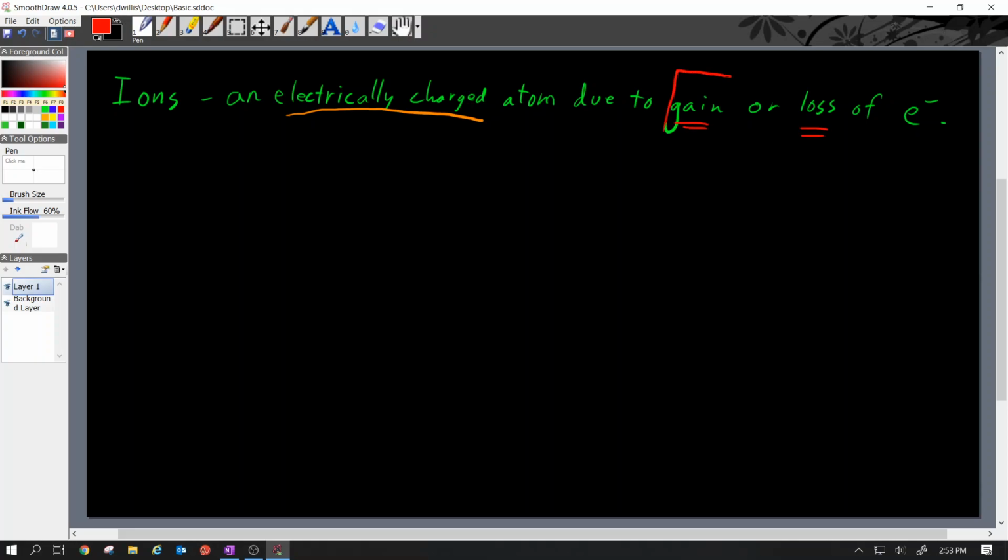Now, if you gain electrons, what will your overall charge be? All right, let's look at it this way.